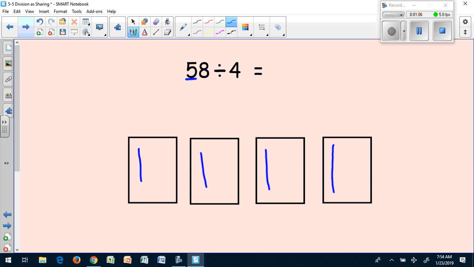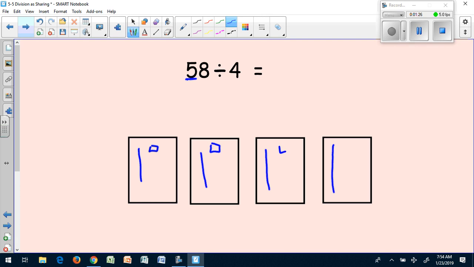I also know that I cannot put another 10 in each box because I've already used 40 and my dividend is only 58. At this point, I need to divide by ones. Divide my ones into my 4 groups. So right now I have 40 in my boxes. I can separate my ones.